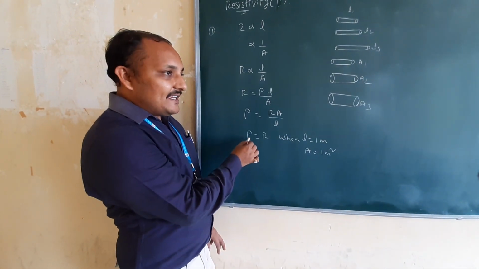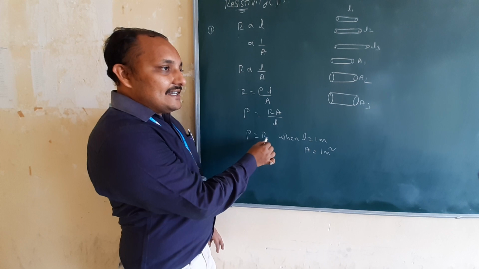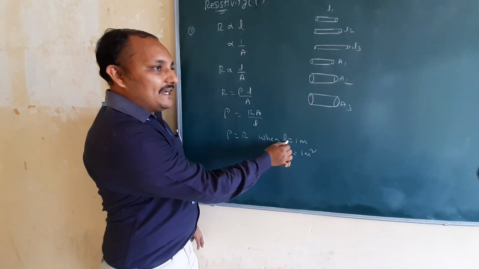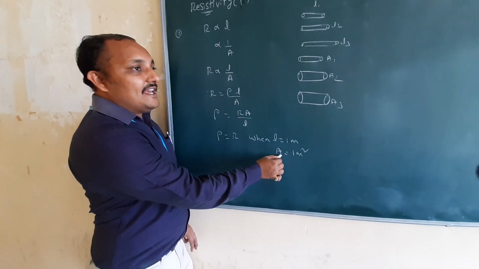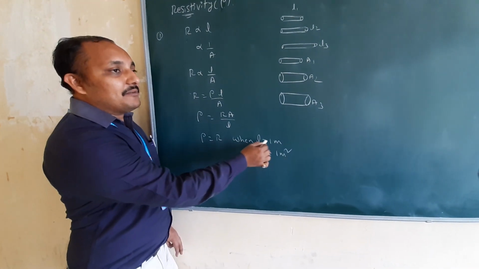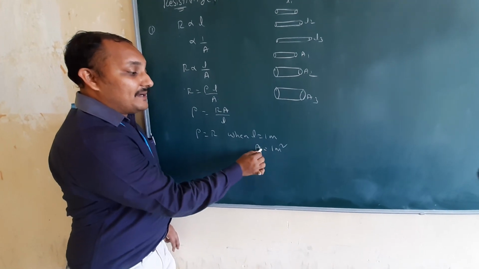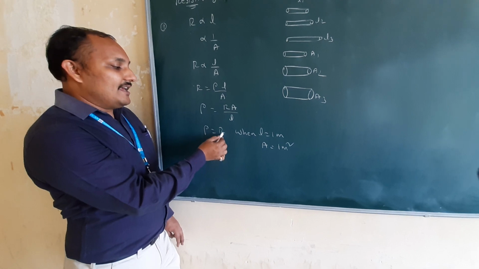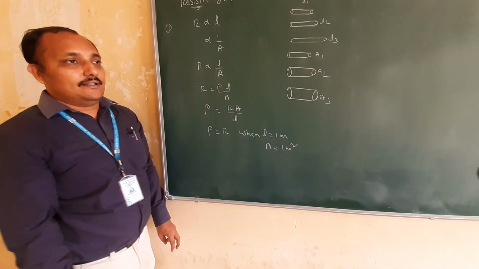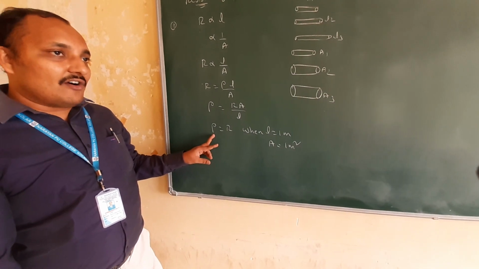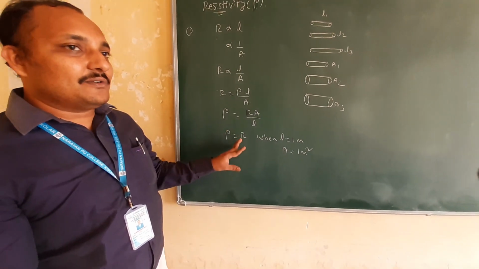Resistivity or specific resistance is equal to the resistance of the given conductor when it has 1 meter length and 1 meter square area of cross section.